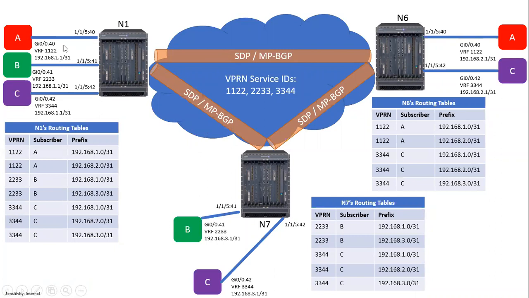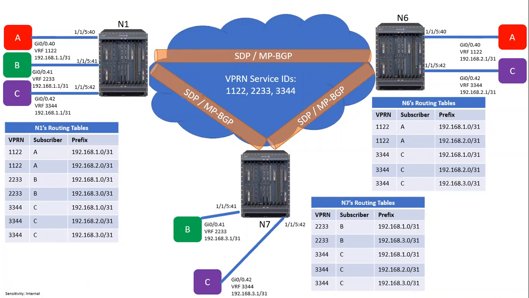So once we have this interconnect established from our customer edge router to our provider edge router, we're also going to be configuring a service distribution point or a full mesh of service distribution points, just like in VPLS, between our provider edge routers.